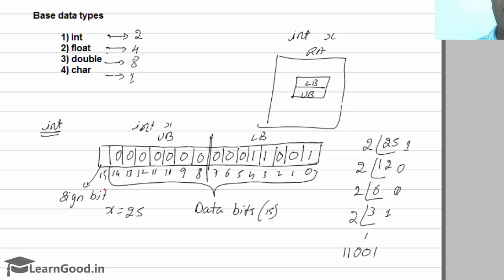The sign bit indicates whether the value is positive or negative. Because 25 is positive, a 0 is stored in the sign bit, whereas if it is negative, then 1 is stored in the sign bit. So at present you have the value 0 there. This is how the data is stored.